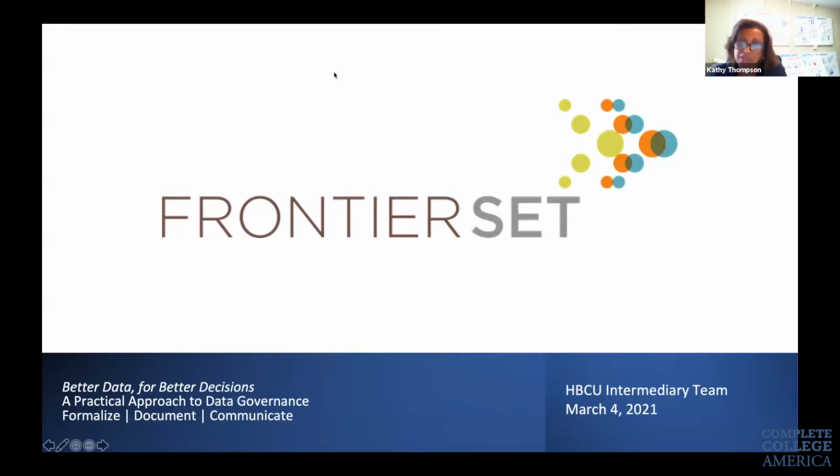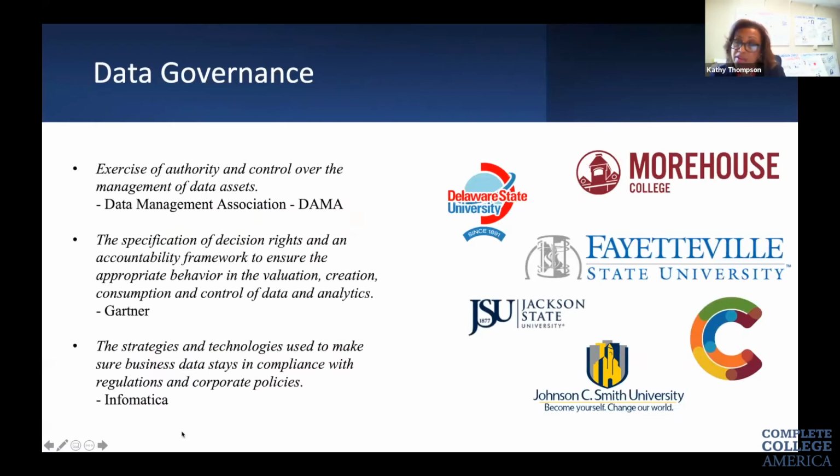The HBCU Intermediary team that I lead recognize the potential of the 6 Frontier Set HBCUs in the use of the post-secondary data partnership by launching data governance. The 6 HBCUs you see on the screen have been working with the PDP now for about 4 years.